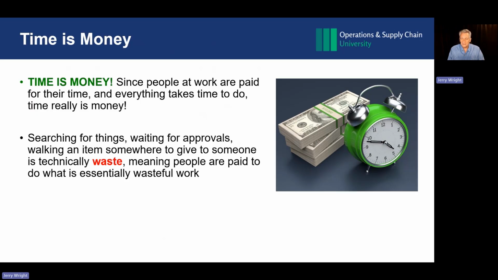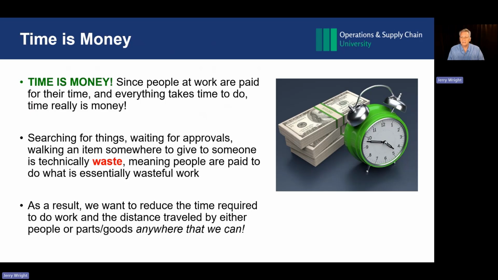Now, we're paid to do what is essentially wasteful work at our companies. We want to try to minimize anything we do that is not creating value, such as building the product, providing the service, packaging the product, or shipping it. We want to try to reduce all those different wastes anywhere that we can.